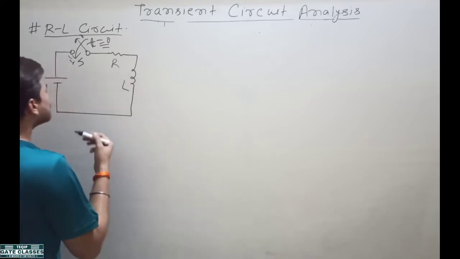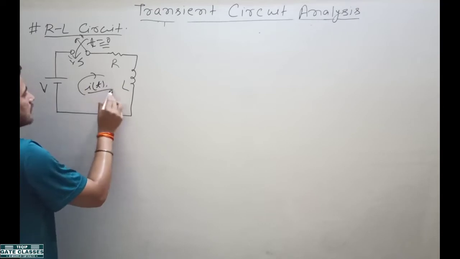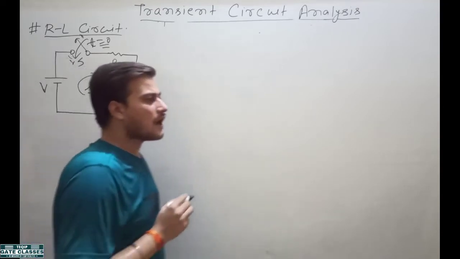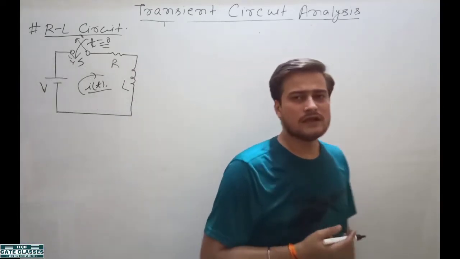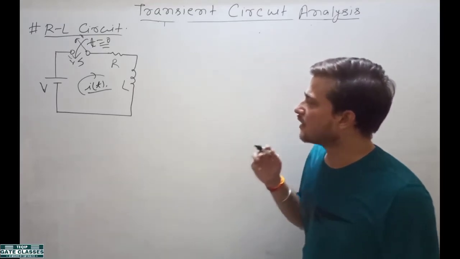So when the switch is closed at t equal to 0, a current i(t) will start flowing in this circuit. Now we have to write the expression for current i(t).